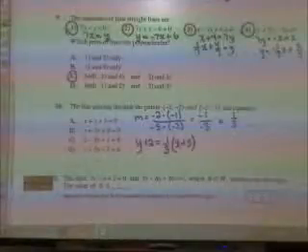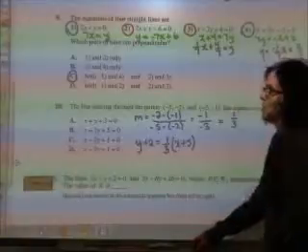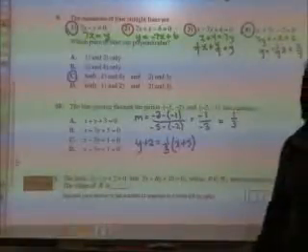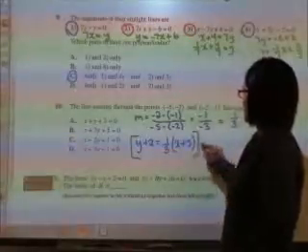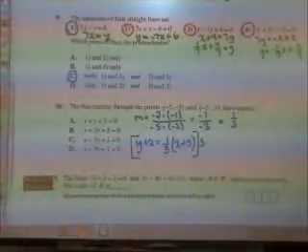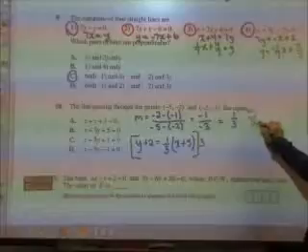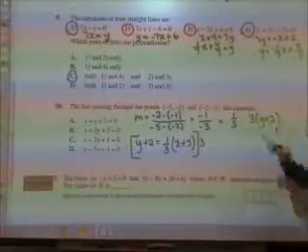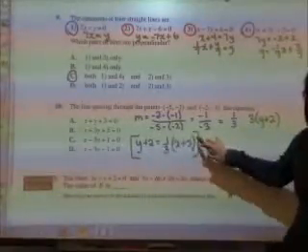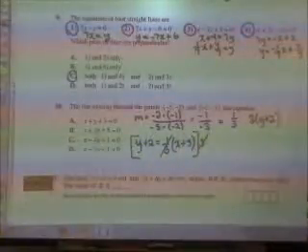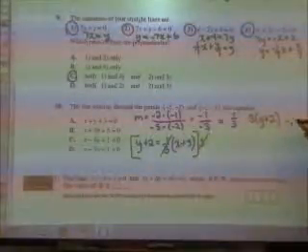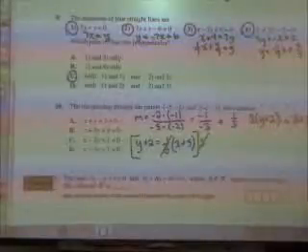First thing that I want to do is deal with this 1/3. So how do I get rid of a 1/3? I'm going to multiply by 3, which means I have to multiply the y plus 2 by 3. But on the left-hand side, this 1/3 and the 3 are going to cancel each other out, which will leave me with just the x plus 5.